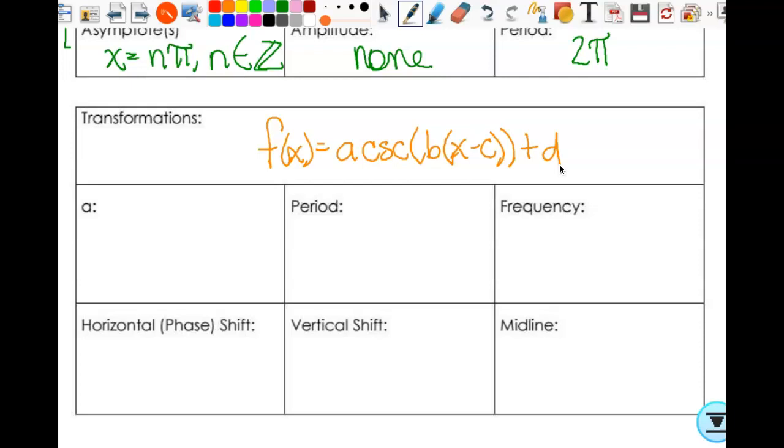So when we talk about a, the absolute value of a, just like it's been since Algebra 1, it's still your vertical stretch or compression.